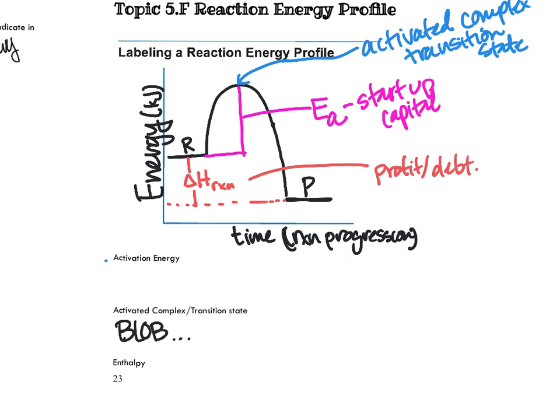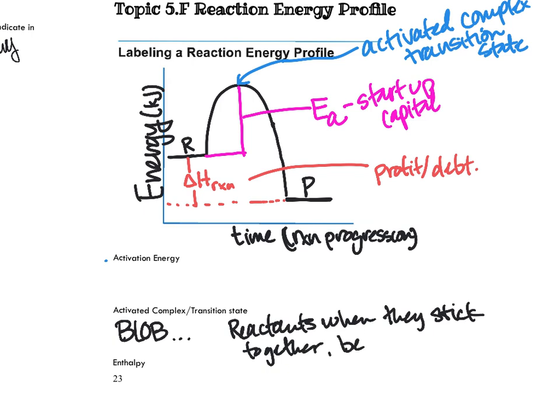We talked earlier about how our reactants had to collide and stick together. That's the activated complex, the little blob that we end up getting. So this is the reactants when they stick together, before they break up into new products.